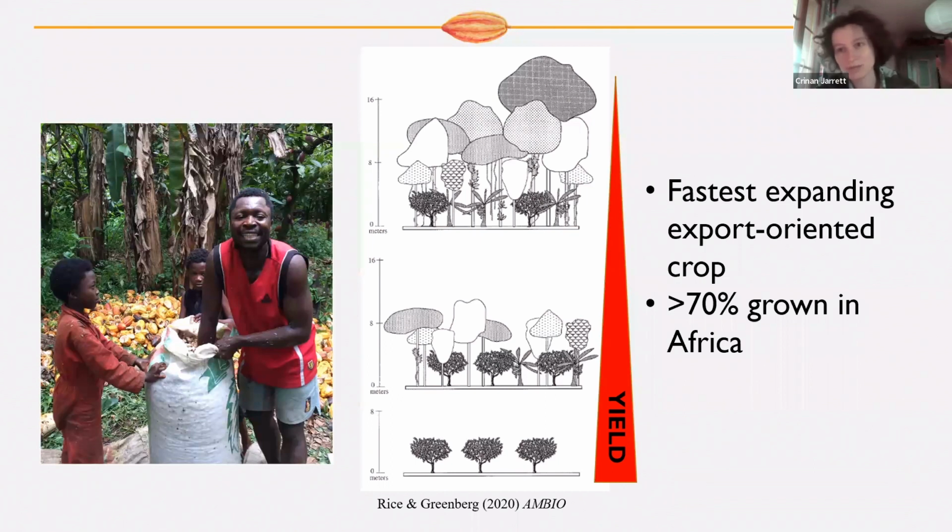So if we remove the trees, we have a spike in productivity. However, there's also evidence showing that in the longer term, these farms suffer from pest and disease outbreaks, and therefore the long-term yields are comparable or even lower than shady farms. But in general, there's a move towards intensified cocoa farms because of the short-term gains.